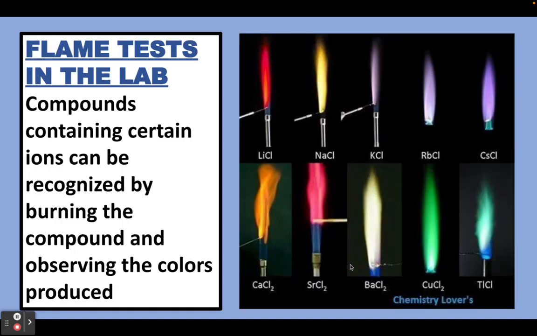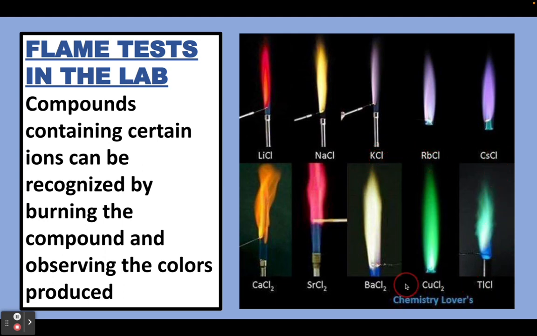So what about flame tests? We can do flame tests in a lab, and from the flame test, we can identify the different colors, and different colors will identify different elements in the substance. Here you can see that you've got lithium chloride, sodium chloride, potassium chloride, rubidium chloride.